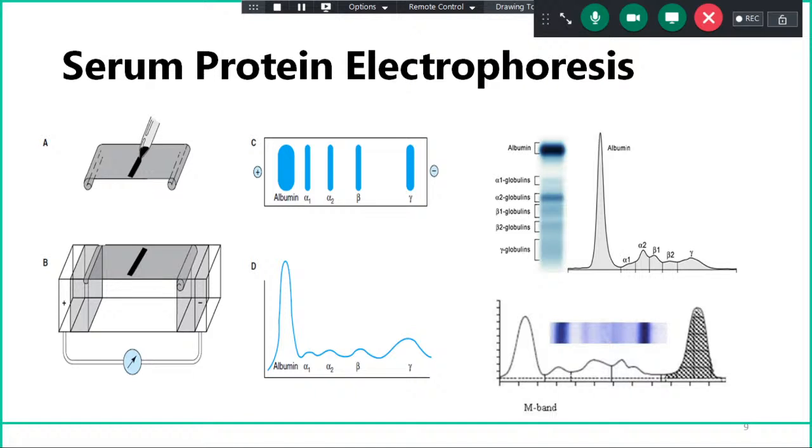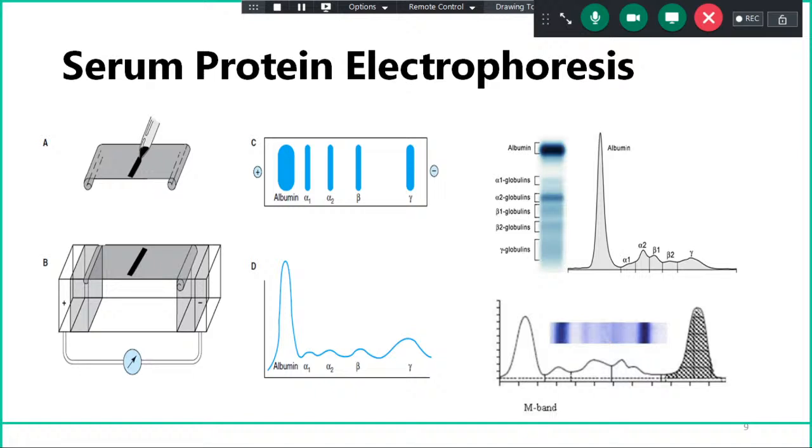When the electric voltage is applied, the proteins having a net negative charge will move toward the anode, that is the positively charged electrode, and their rate of movement is determined by their net charge by mass ratio.